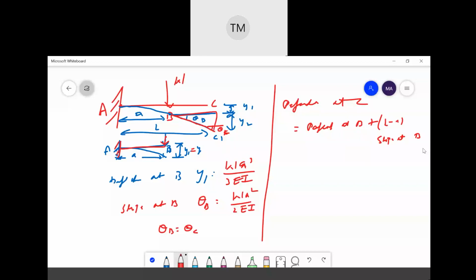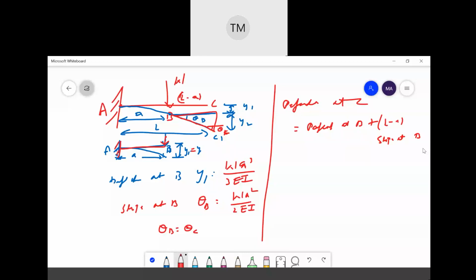This y2 you can write as L minus A into the slope, where this total distance is L minus A.